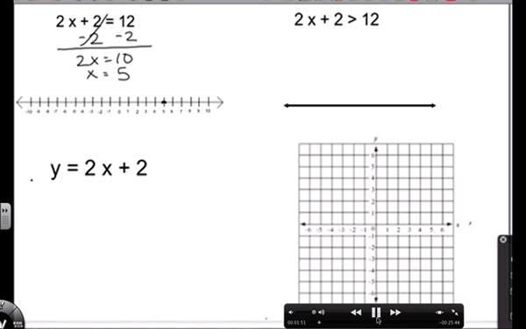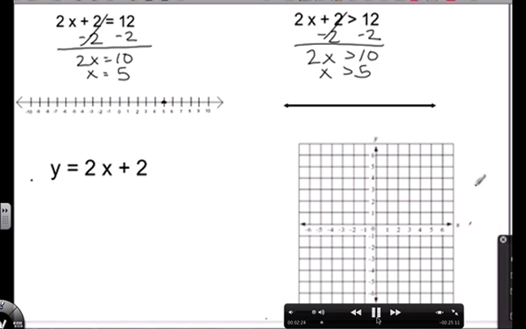Then we started solving inequalities. We don't have an equal sign anymore. We have one of those 4 symbols. Greater than, less than, greater than or equal to, less than or equal to. So we solved it in the same way. We used the same steps. Minus 2, minus 2. 2x is greater than 10. x is greater than 5.